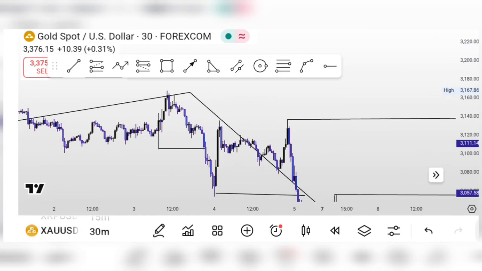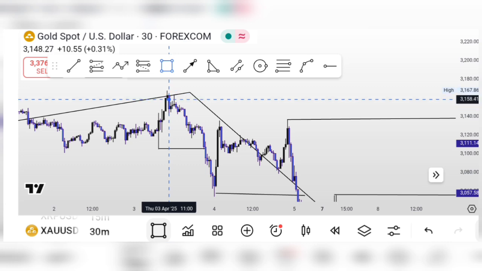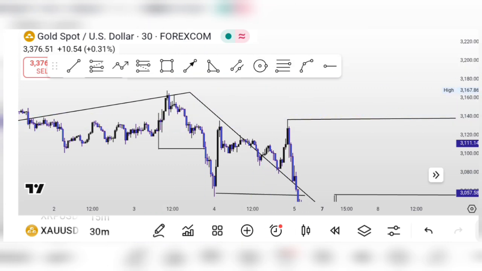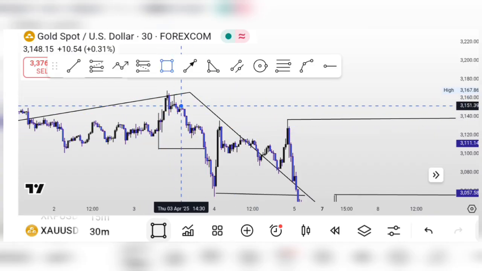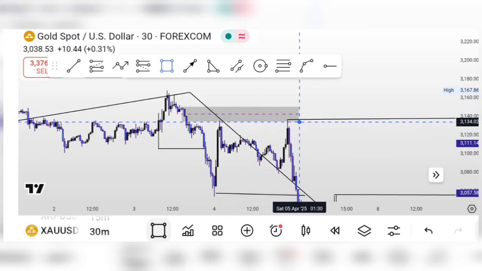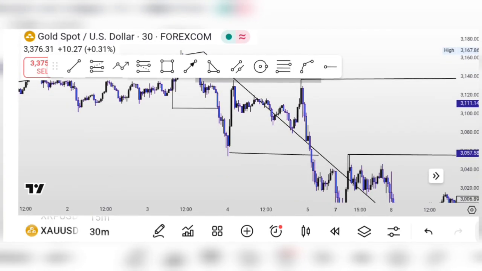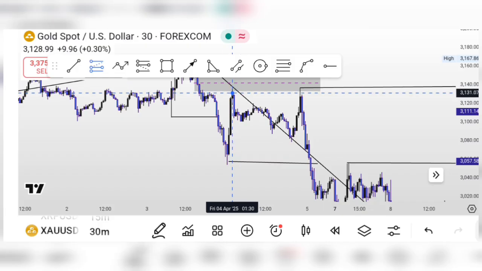As it broke the structure, normally you just place your order block. You know how we do it here. So we place the order block. So you see, and you catch. There we catch two movements here.